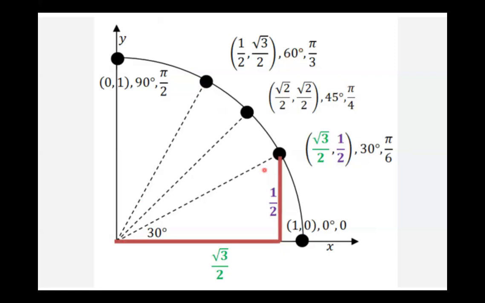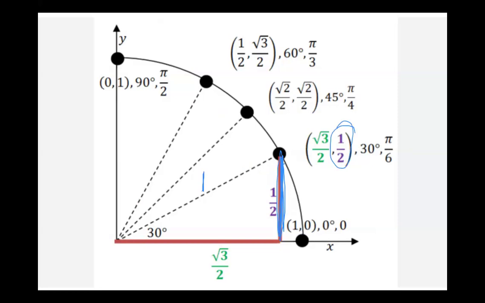So if you look at this first triangle here, the unit circle means that our hypotenuse is 1. So in a 30, 60, 90 triangle, the short leg is half of the hypotenuse. So if we're looking at how far up that is, that's why that's 1/2.